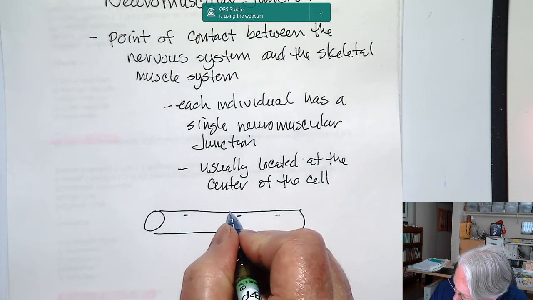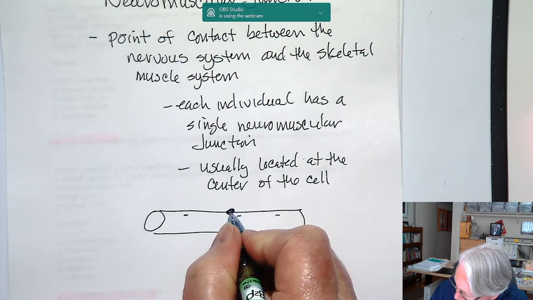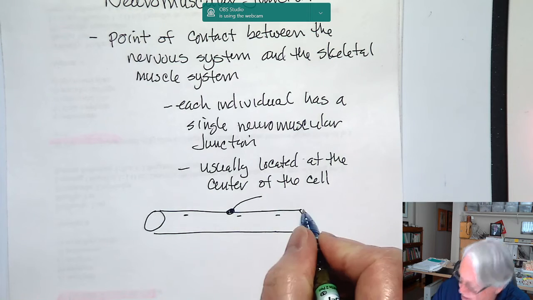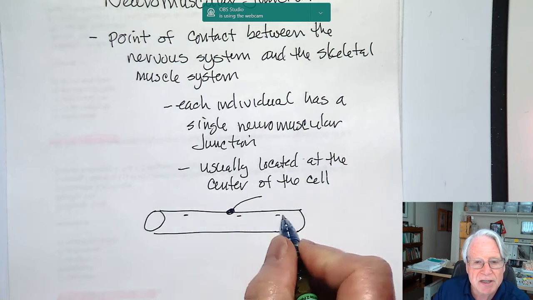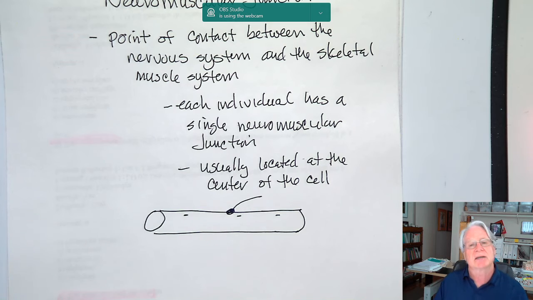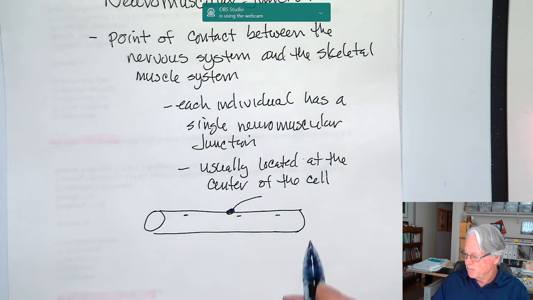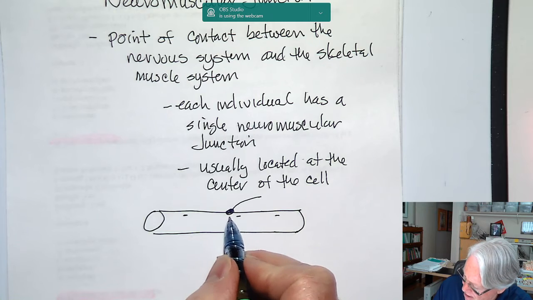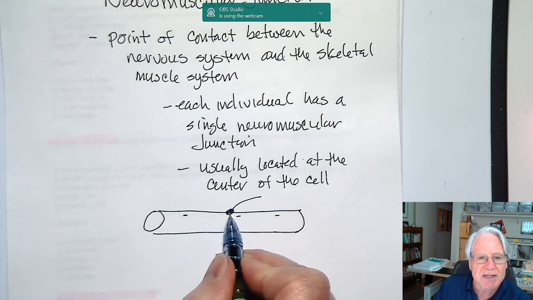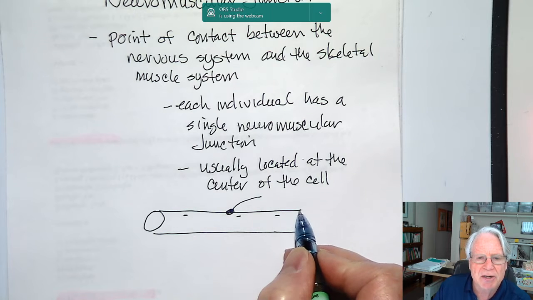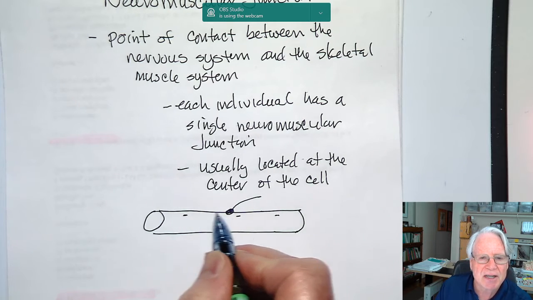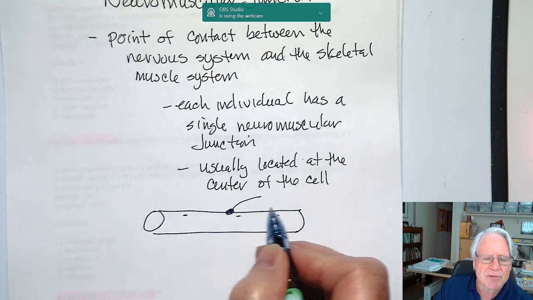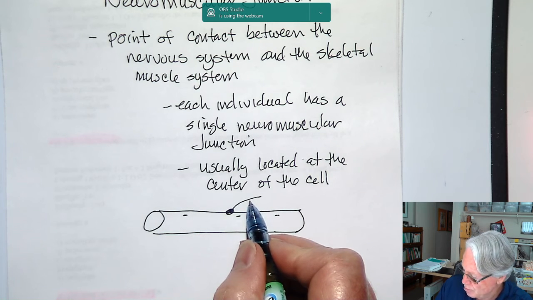The neuromuscular junction will be in the center, not here at the end, not here at this end, in the center. And why? Because by placing that structure in the center of the cell, the ends are equal distance from the initial point of stimulus. If I were to put it here, then this end of the cell would be very, very far from the initial stimulus that the neuron is going to provide.